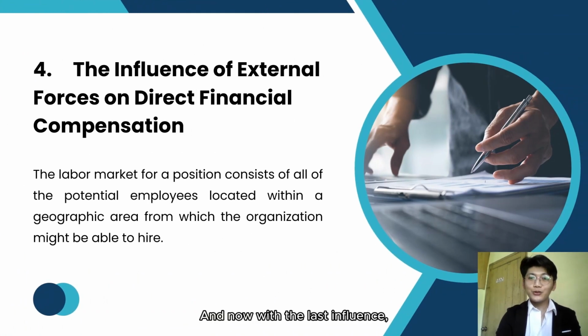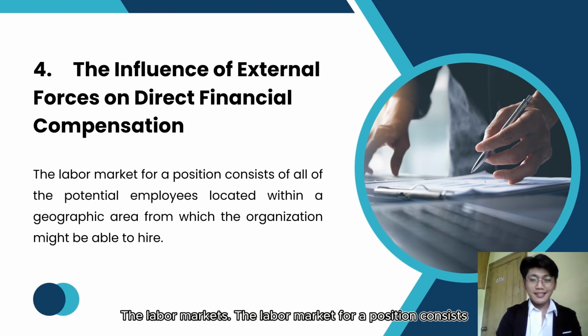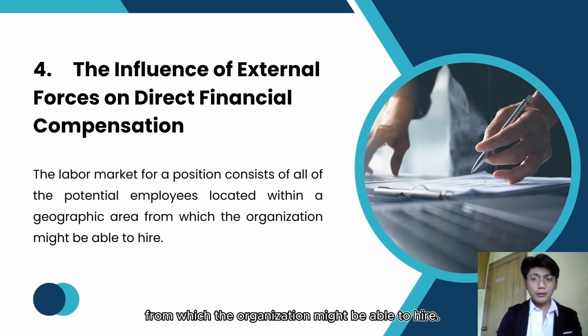And now to our last influence, the influence of external forces on direct financial compensation. The labor markets. The labor market for a position consists of all of the potential employees located within a geographic area from which the organization might be able to hire.